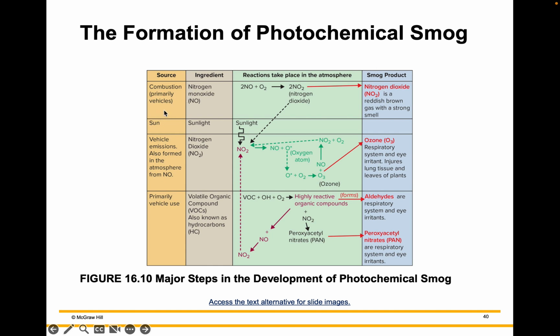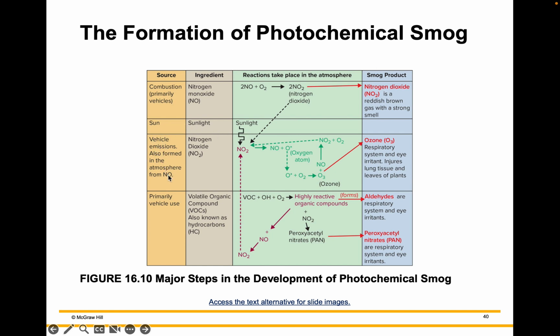So people on their morning commutes, driving their cars, riding the bus. We have combustion, and that produces nitrogen monoxide. Nitrogen monoxide reacts with oxygen and produces nitrogen dioxide. And this is a reddish-brown gas with a strong smell. Kind of like what those pictures look like, right? Sunlight has to be present.